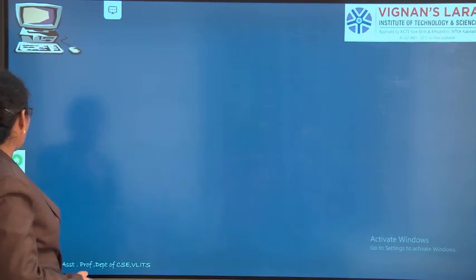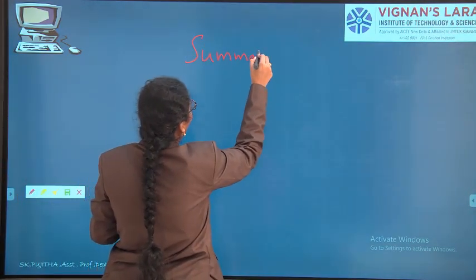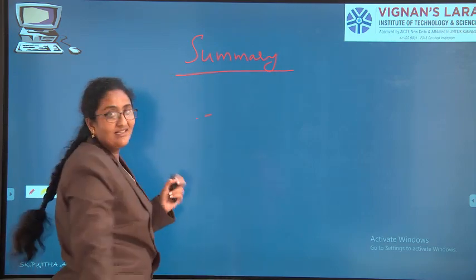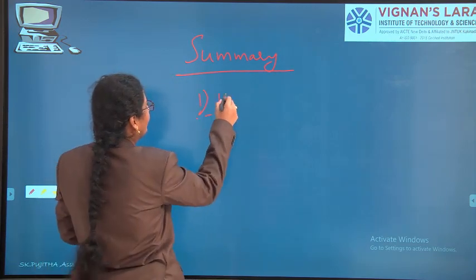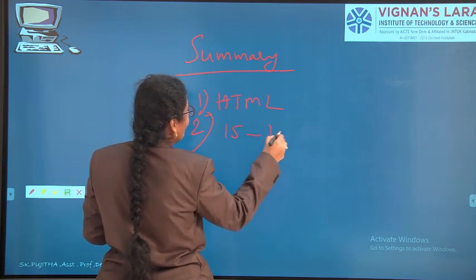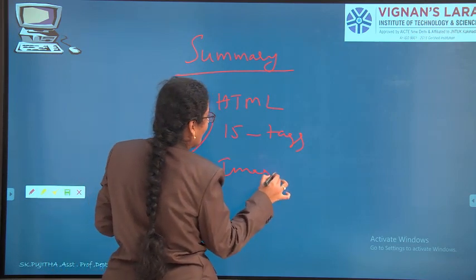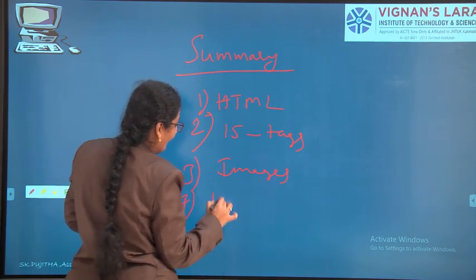So let us summarize. We have discussed HTML. We have discussed some 15 tags. Then we have discussed images. We have discussed hyperlinks.